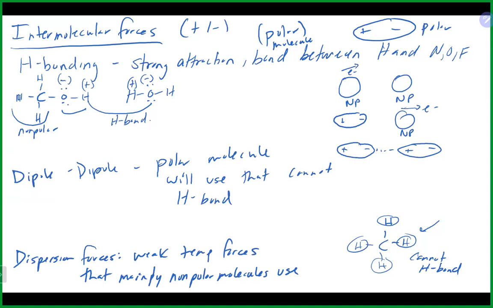So you can have a polar molecule that does not have the ability to hydrogen bond, but is still polar, which means it still has a side that's more negative and a side that's more positive. That is what is referred to as dipole, and that's basically just two polar molecules that have that attractive force.